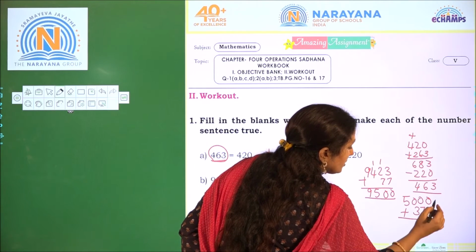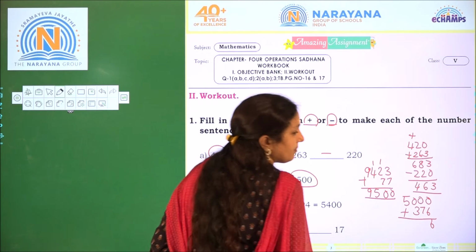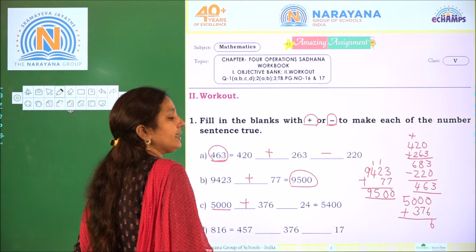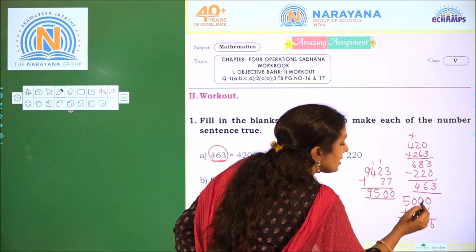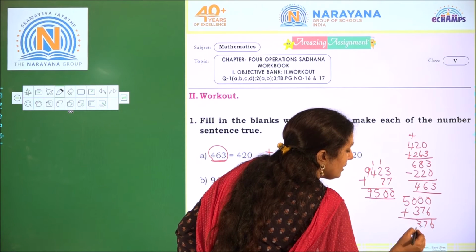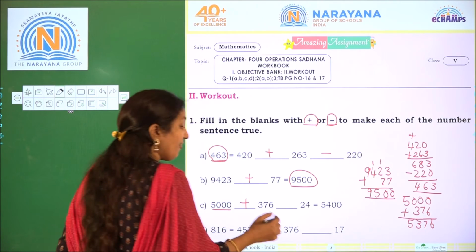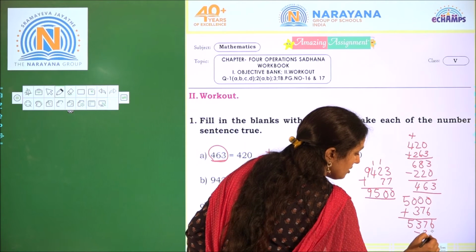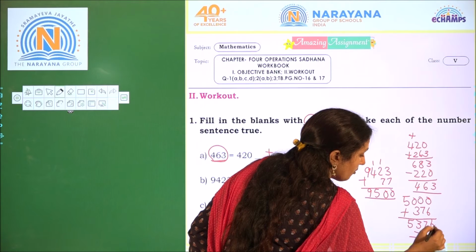And 0 plus 6 is 6. A number plus 0 equal to, what did you get? Number itself. So 6. 0 plus 7 is 7. 0 plus 3 is 3. Now 5. Now if I take minus, so what did you get?